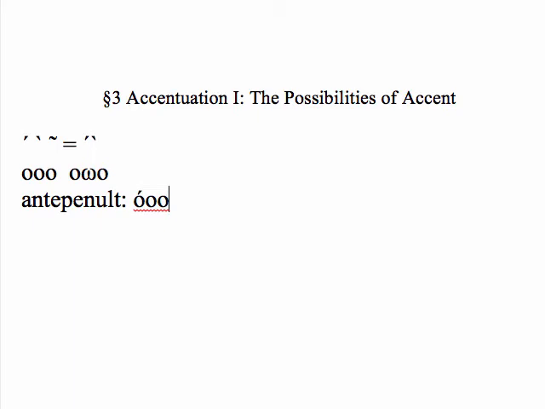And in order for this to happen, the ultima is the syllable which changes the accent most of the time. If that ultima is for some reason long, this can't happen, okay? You can only have their accent on the antepenult if your ultima is short.